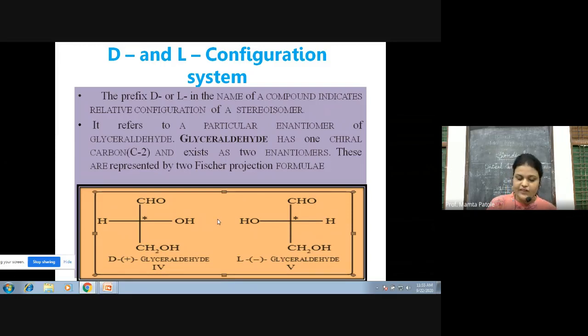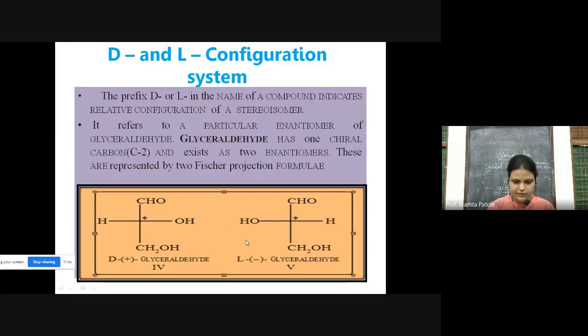OH to the left hand side, we'll write it as L and minus glyceraldehyde. Then we'll see one example in the next slide.